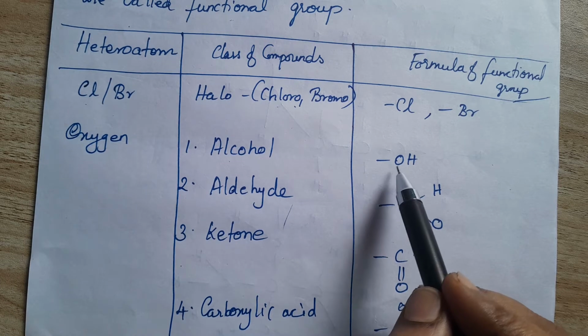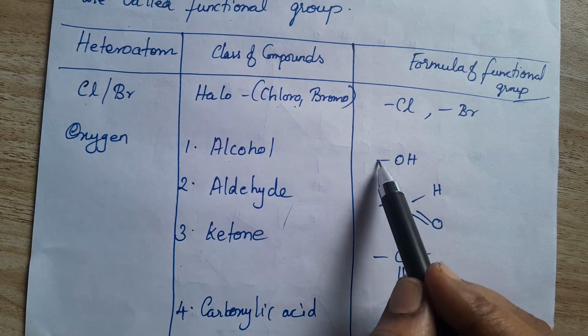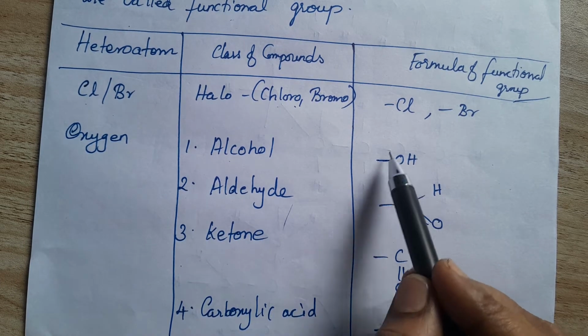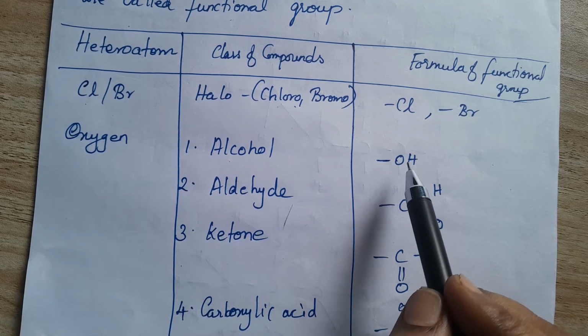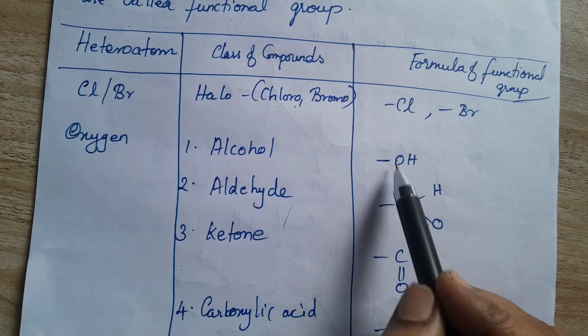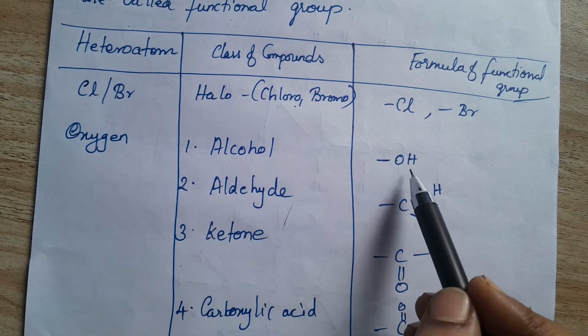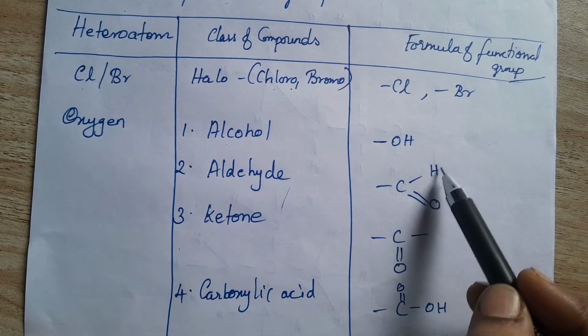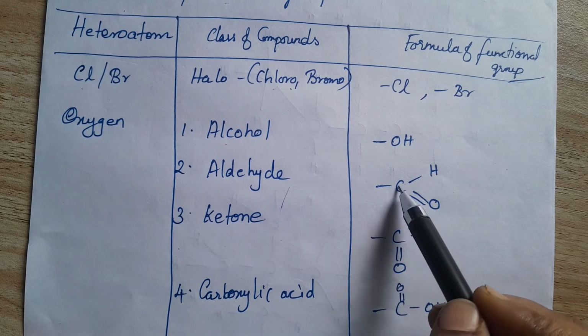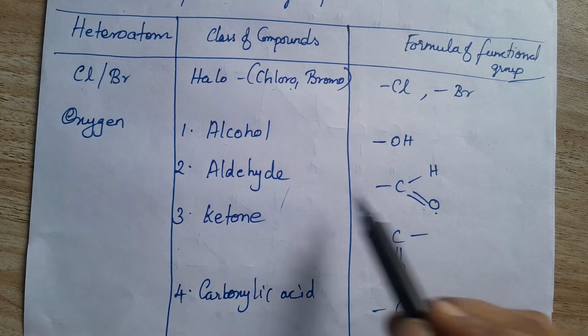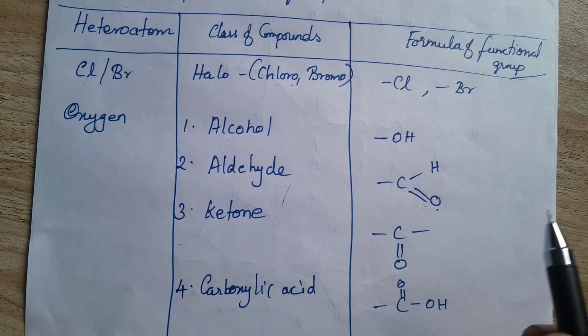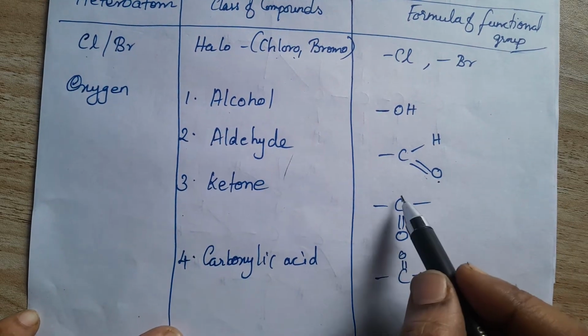If the OH is present in the chemical structure bonded with hydrogen, then we will call it the alcohol family. A CHO bond, with a C double bond to oxygen, we will call aldehyde.